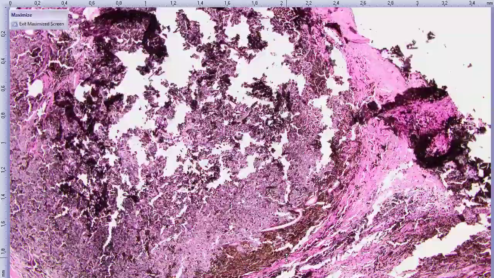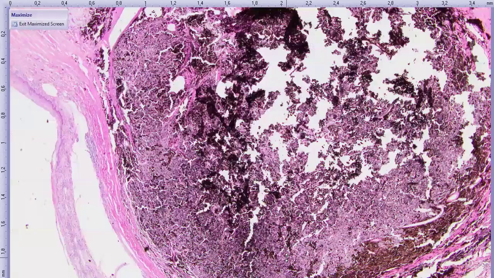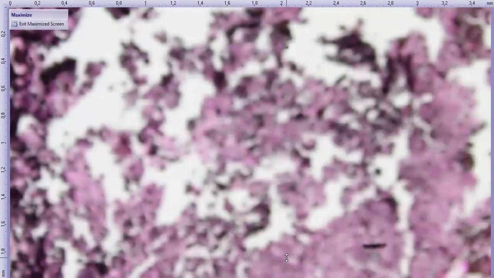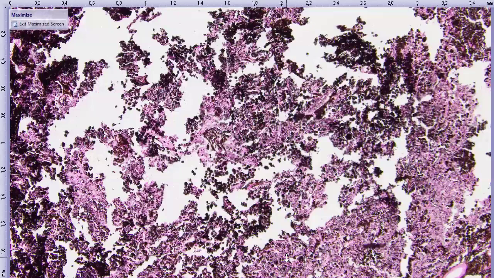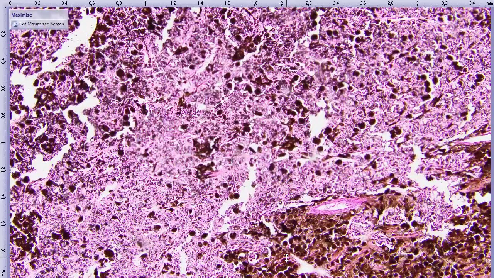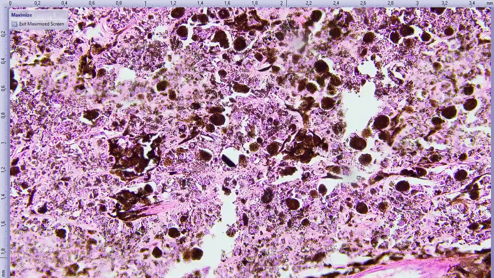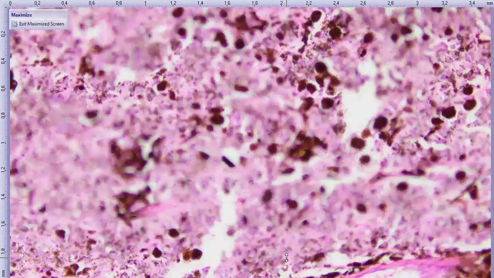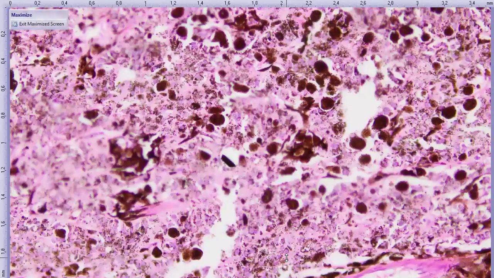And then you start moving around and you get to the other side. And all of a sudden, this is less necrotic, more identifiable tissue. And then we do have a heavily pigmented, what looks like also neoplastic population of cells.